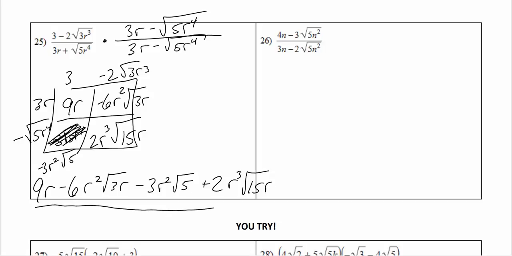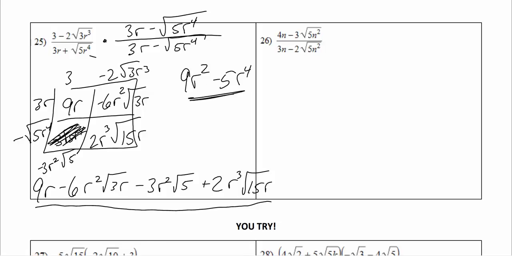All of that terrible numerator is going to be over 3r times 3r. This is your F term in your FOIL, or the first box in the box. That's 9r squared. Root 5r to the 4 and 5r to the 4 is a -5r to the 4.